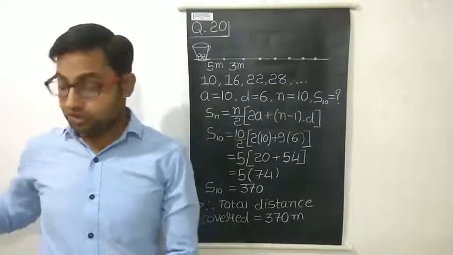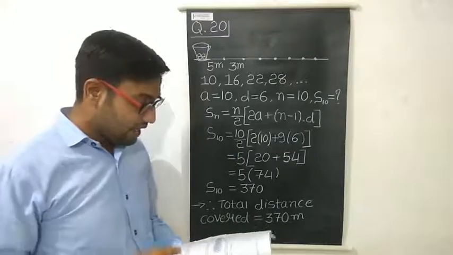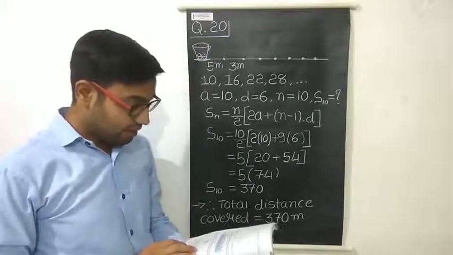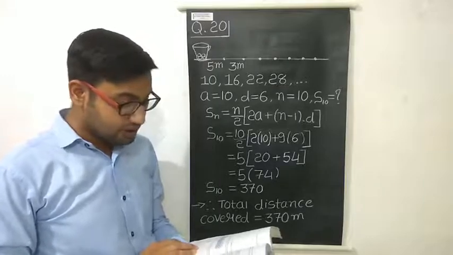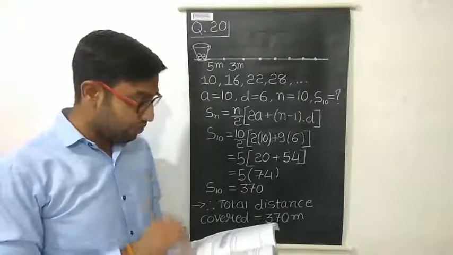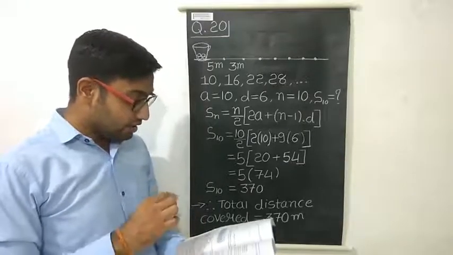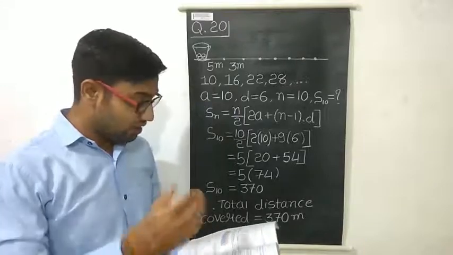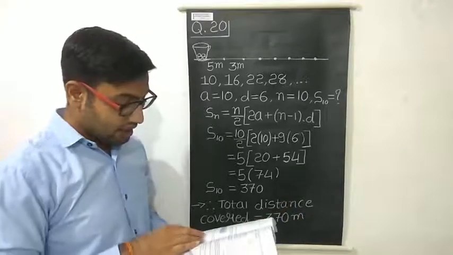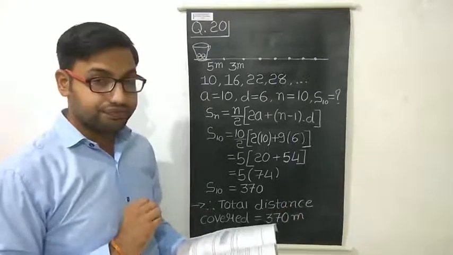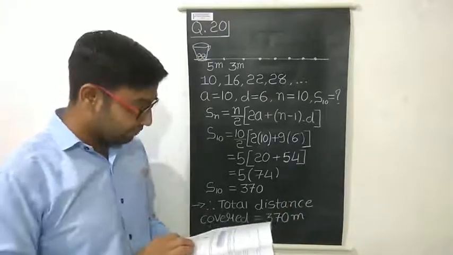And what is the question? The question is, in a potato race, a bucket is placed at the starting point, which is 5 meters from the first potato, and the other potatoes are placed 3 meters apart in a straight line. There are 10 potatoes in the line, according to the diagram.